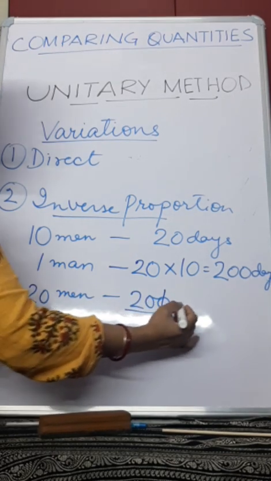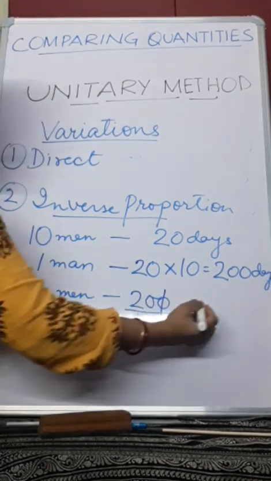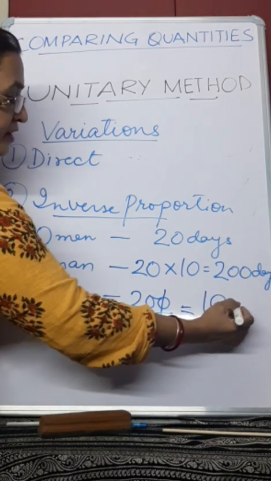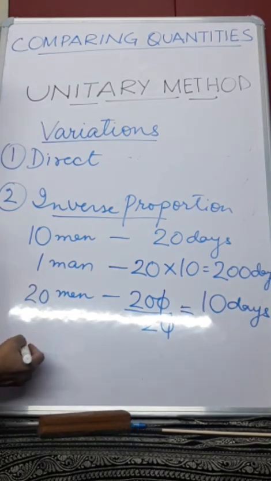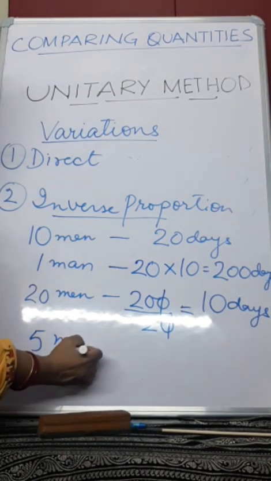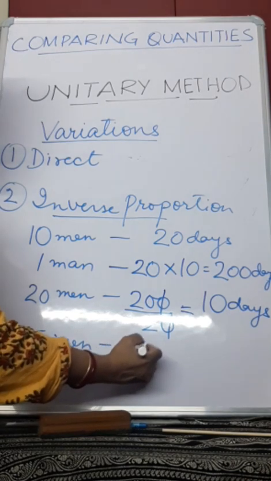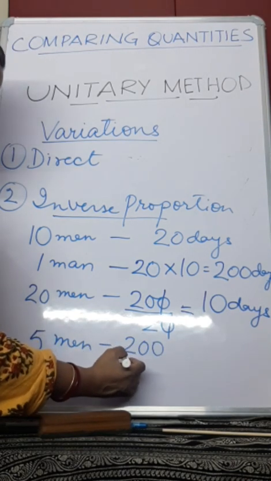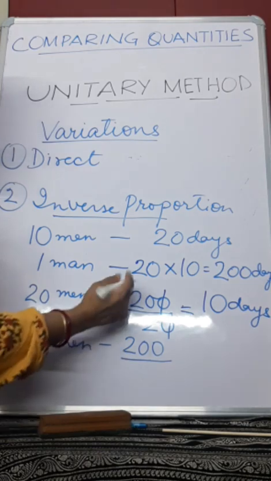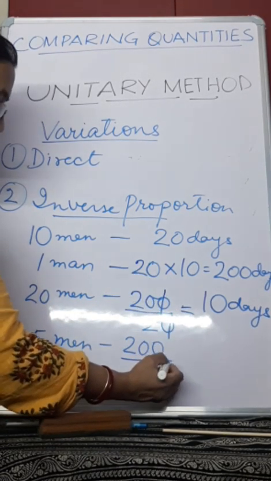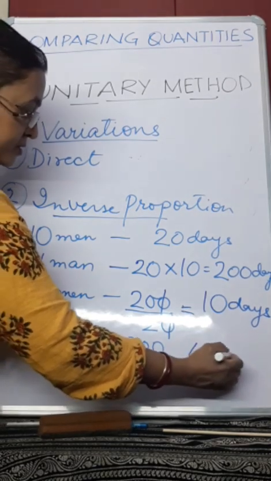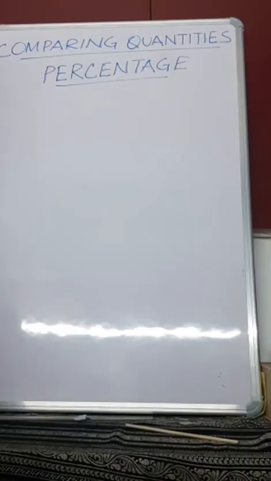So we have cancelled and we can see 20 men can complete in 10 days. If we want to find out for 5 men, see 5 men can complete the work in 40 days.